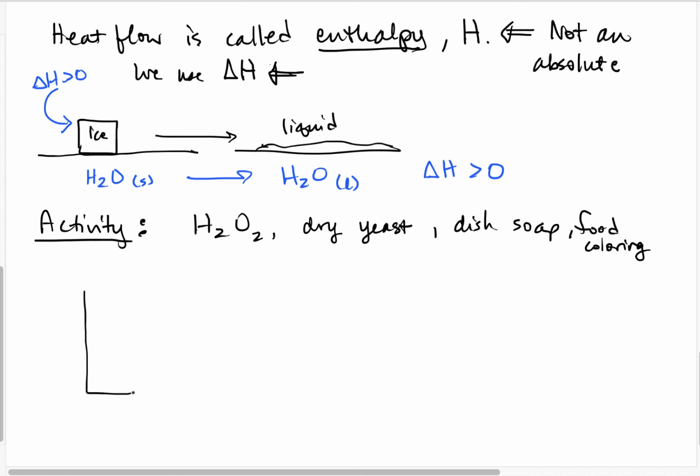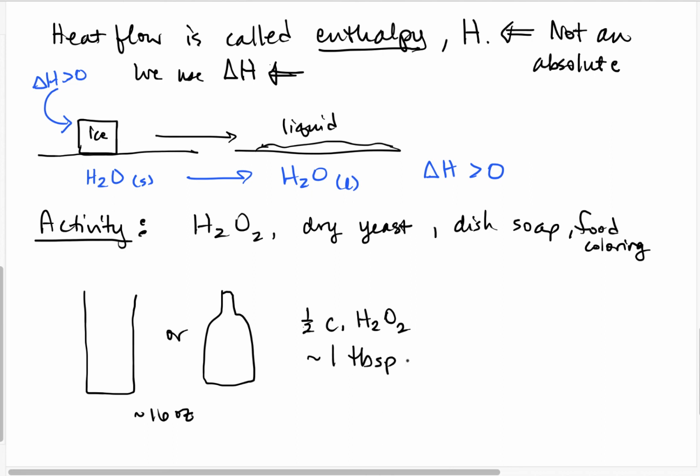Take a tall glass or a tall vase or a water bottle, any kind of a bottle will work, maybe about 16 ounces, and add about 1/2 cup of hydrogen peroxide. The 3% stuff from the store is perfectly fine. About a tablespoon of dish soap, food coloring if you want, and then stir in about a teaspoon of active dry yeast.